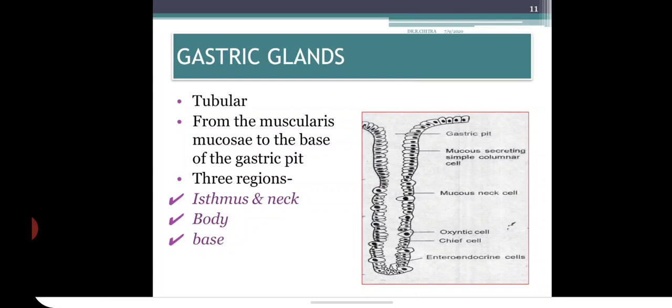This is the diagrammatic representation of the gastric glands and the gastric pits. It presents three regions: isthmus and neck, then body, and near the muscularis mucosa it is called the base, lined by various types of cells.